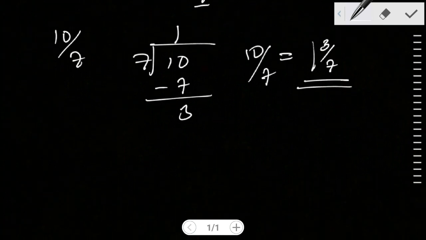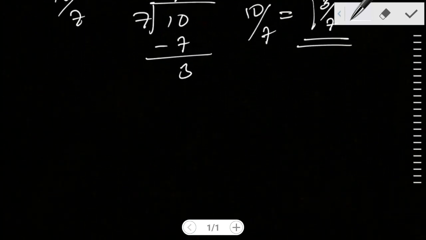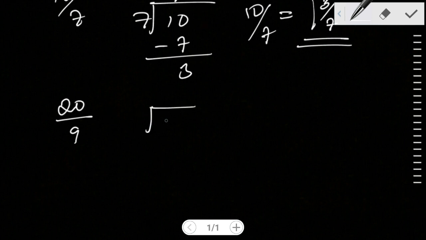Let's have another example. If I have, for example, 20 divided by 9, to convert this, this is 20 and this is 9. 20 divided by 9, it would go in 2. So 2 times 9 would get 18.